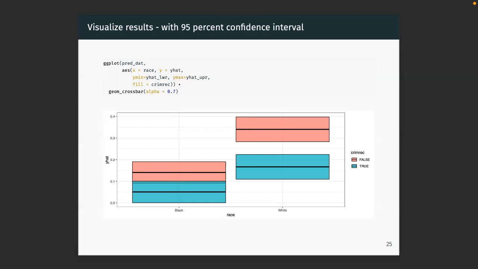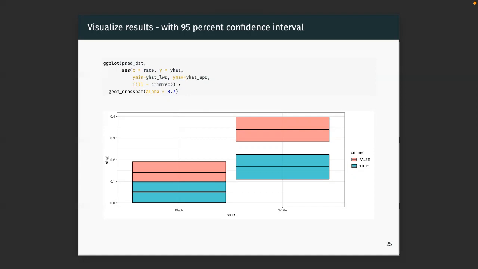In this case, the crossbar argument will take an aesthetic y for the center line, an aesthetic ymin for the lower bound, an aesthetic ymax for the upper bound. Make this box. I'm saying use criminal record as a fill to color it in. And because it's binary, it'll know the default colors to go with in ggplot for a binary are pink and blue.